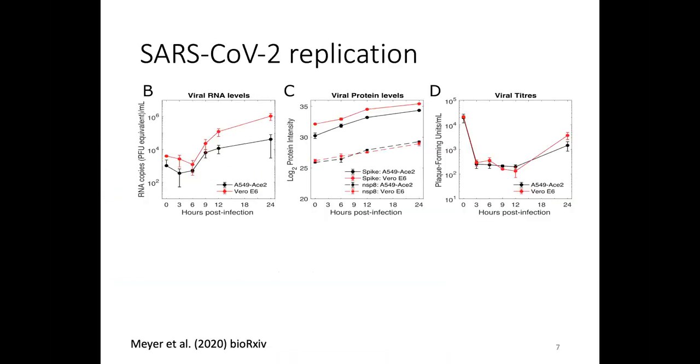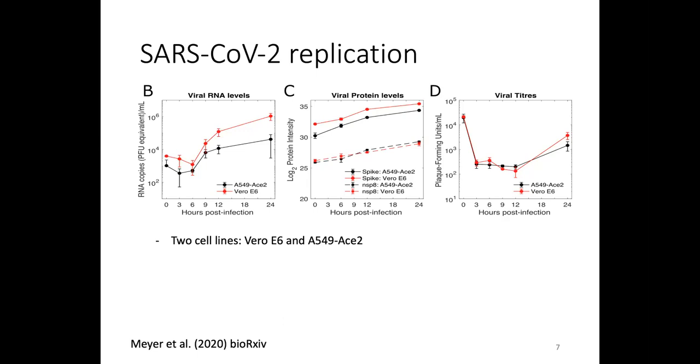If we look at SARS-CoV-2 replication, we can look at RNA levels, protein levels, and titers over a time course. We did this in 2 cell lines, VeroE6, an African green monkey kidney cell line where the virus grows extremely well, though this is perhaps not the most relevant of model systems. It is, however, very widely used for studying virus replication.